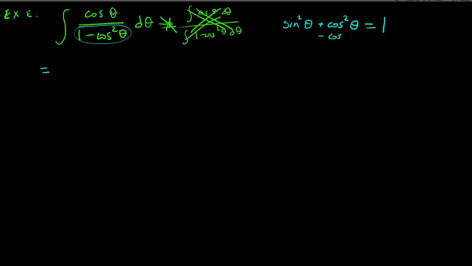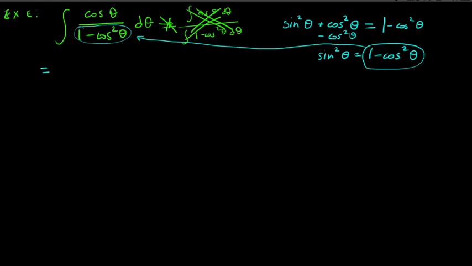So if I subtract the cosine squared from both sides, I now have that sine squared theta is the same as 1 minus the cosine squared of theta. So there's our denominator. I can replace the denominator, 1 minus cosine squared, with just sine squared. Tricky, right?